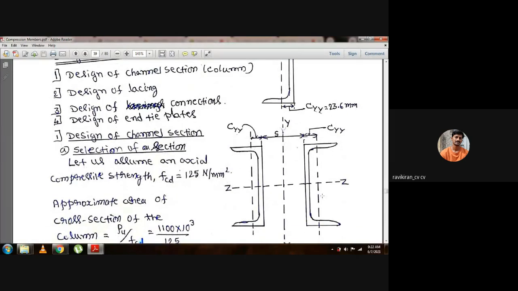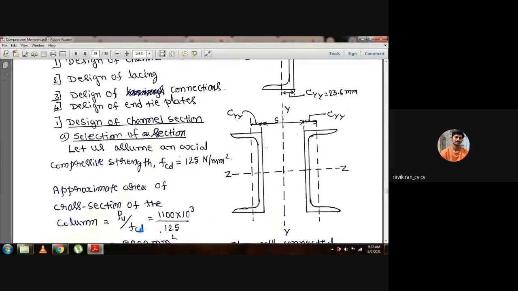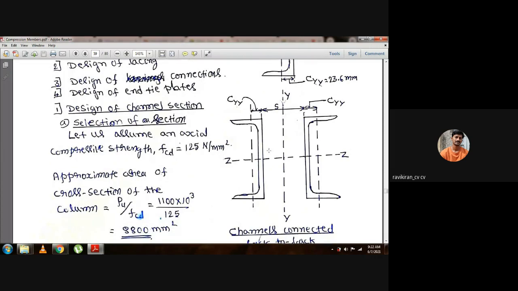See, this is the channel section placed back to back because it is mentioned two channels, double channel section. And the distance between these two channel sections is considered as S. This S should be placed in such a way that the radius of gyration of the combined column about the axis perpendicular to the plane of lacing should be greater than the radius of gyration about the axis parallel to the plane of lacing.